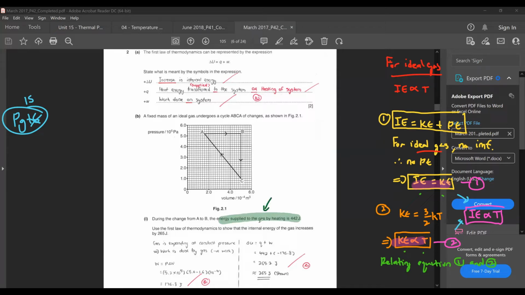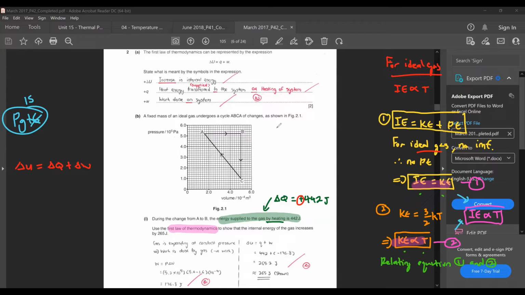This one, by heating, energy supplied to gas by heating, already means delta Q is plus 442 joules. It's supposed to be a plus in the first place because you are supplying heat to the system. Then they ask you to use the first law of thermodynamics, which is basically this one here: delta U is equal to delta Q plus delta W.